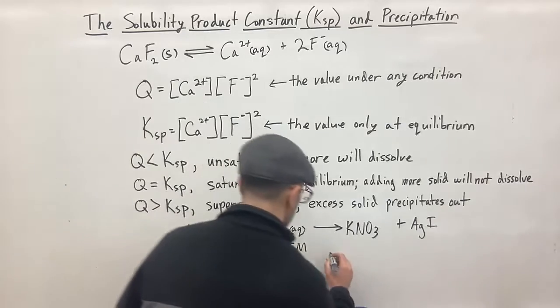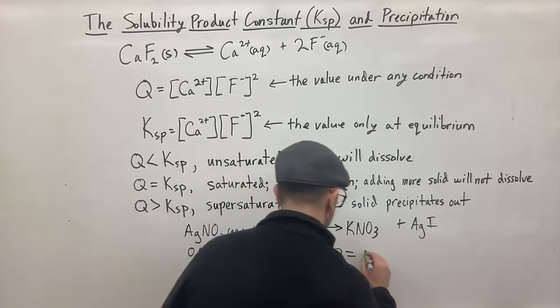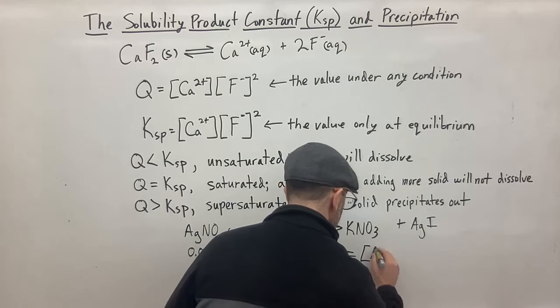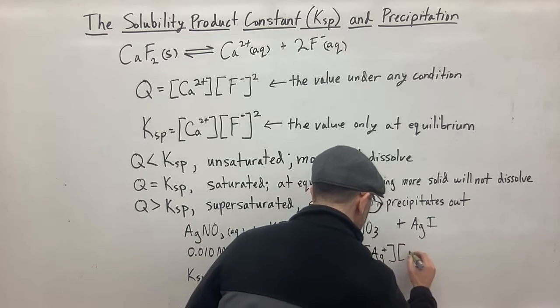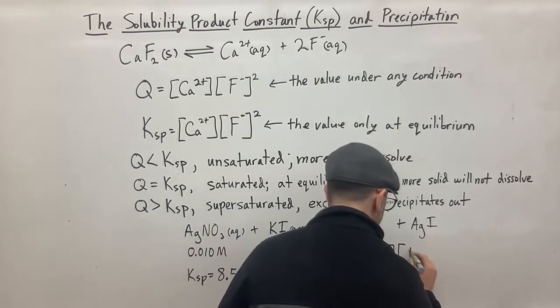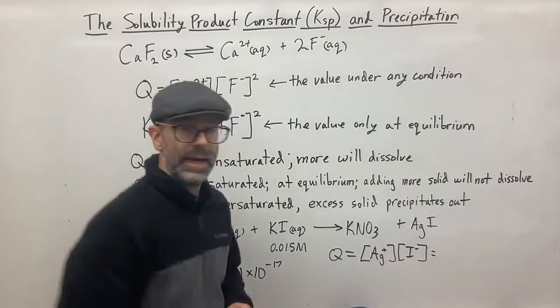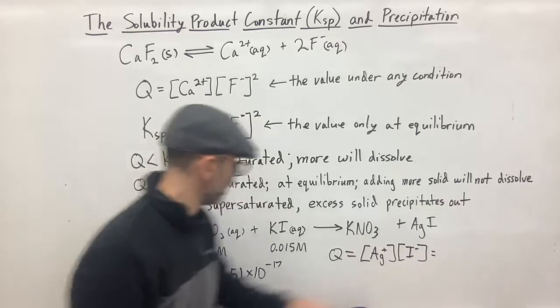So my quotient for this reaction is going to be my concentration of silver ions multiplied by the concentration of my iodide ions. And I want to plug in those concentrations.